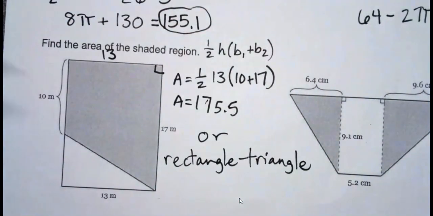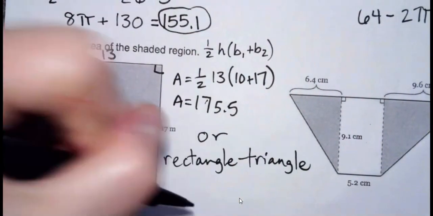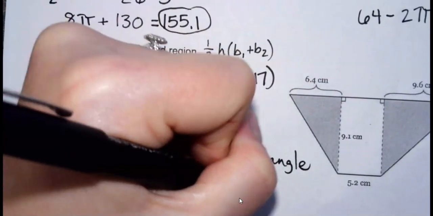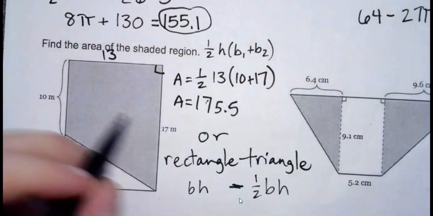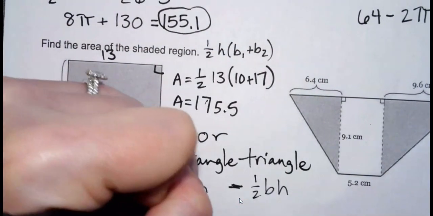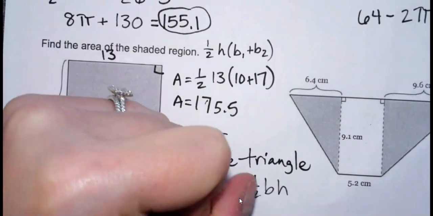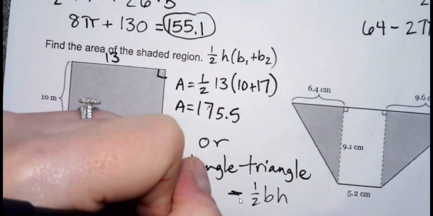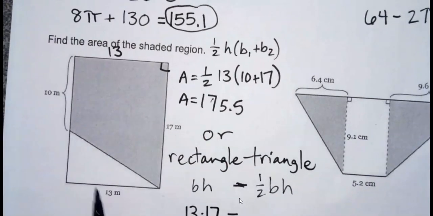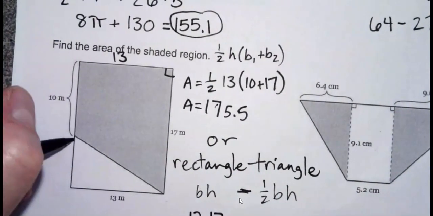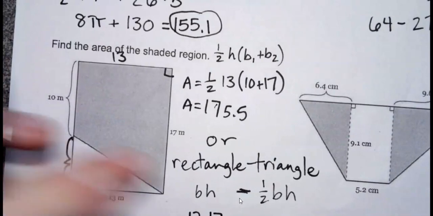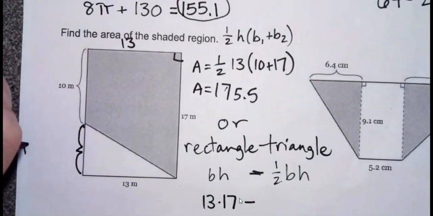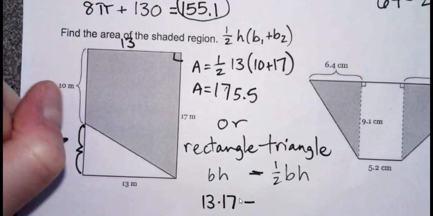That's another thing you could do, where you could do the rectangle, which is base times height, minus the triangle, 1/2 base times height, and figure out, okay, my rectangle is 13 times 17, or 221. My triangle, we've got to figure out the length of this piece. Well, if this whole side is 17 and this is 10, this is going to be 17 minus 10, or 7.